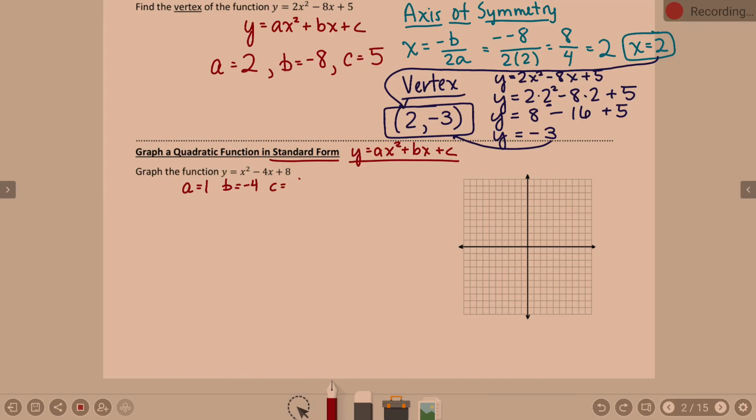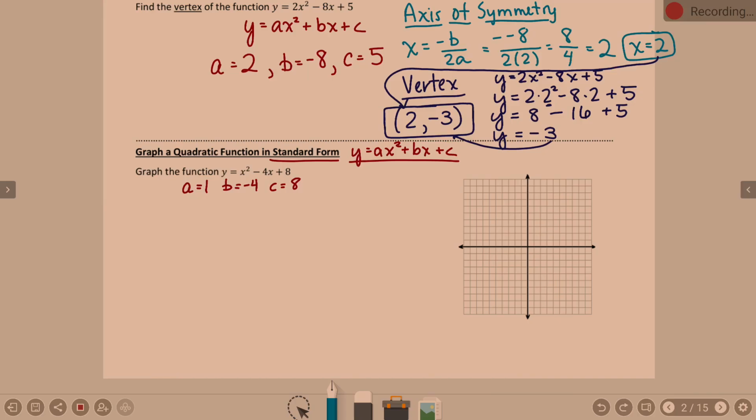And what's C? 8. Do you have to write out your ABCs? No. Okay, that's a teacher thing in me. If I was doing this on my own, would I write out my ABCs? No way. Unless I'm making an answer key for you guys, then I'm going to write out my ABCs. Okay? But I want to make sure we all know what we're talking about.